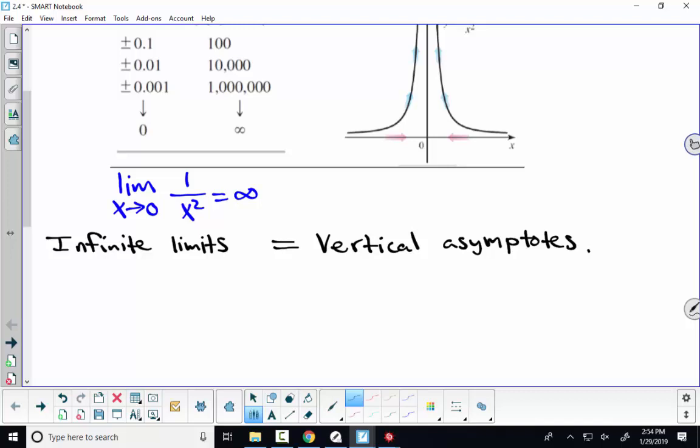Do y'all remember that? We saw that when you looked at any rational function. We've seen the process already. How do we know there was a hole in a rational function? Because those factors up top and bottom would divide out. That would give us our hole. The factors that were remaining would tell us where our asymptote is.